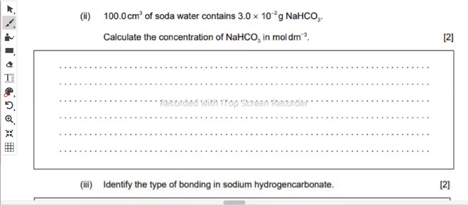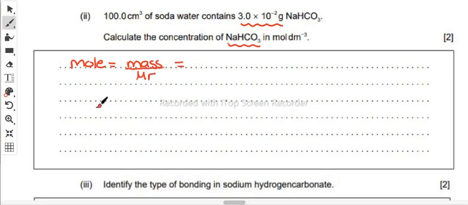100 cubic centimeter of soda water contains 3 times 10 to the power of negative 2 gram of sodium hydrogen carbonate. Calculate the concentration in mole per decimeter cube. So this is only unit converting. So I need to calculate the mole number. Mole equals mass divided over the molar mass.